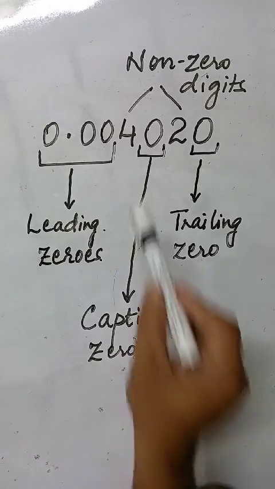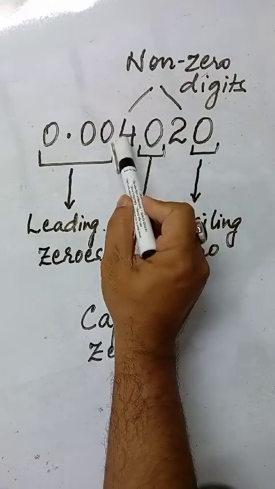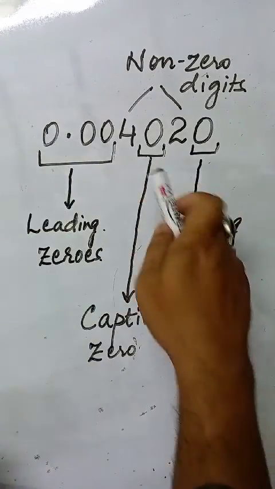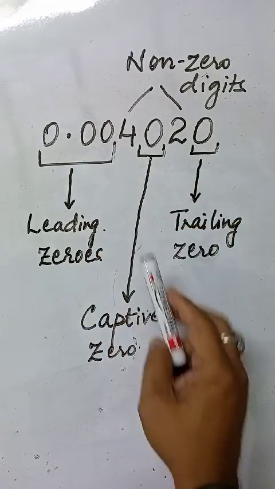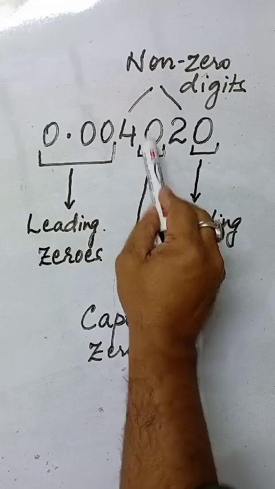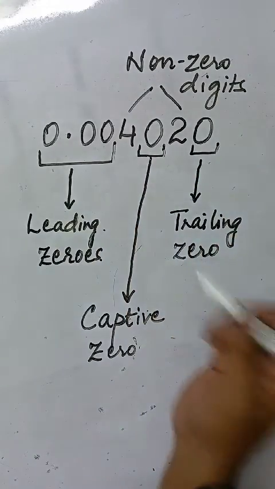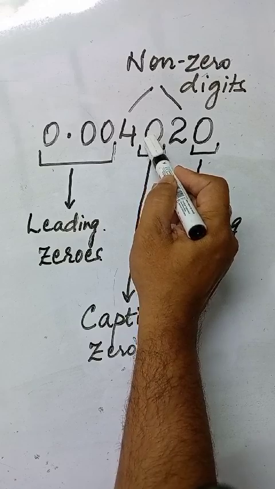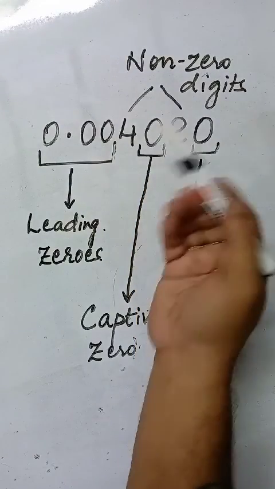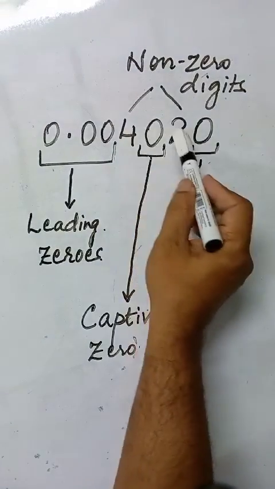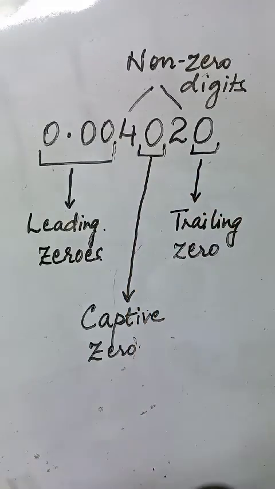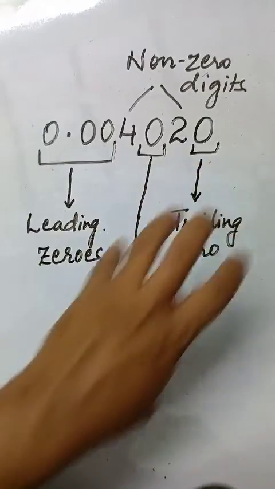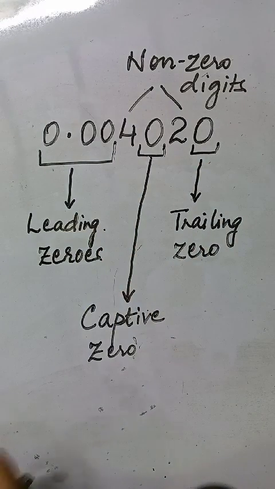So who is capturing this zero? 2 and 4, these two non-zero digits, have sandwiched this zero in between themselves. So this zero cannot escape anywhere. It is held in captivity, in prison, let's say, between these two non-zero digits.